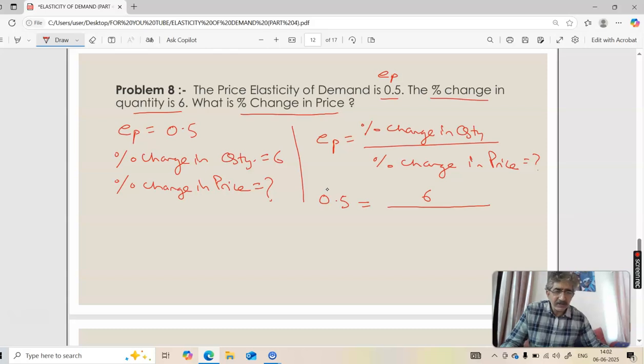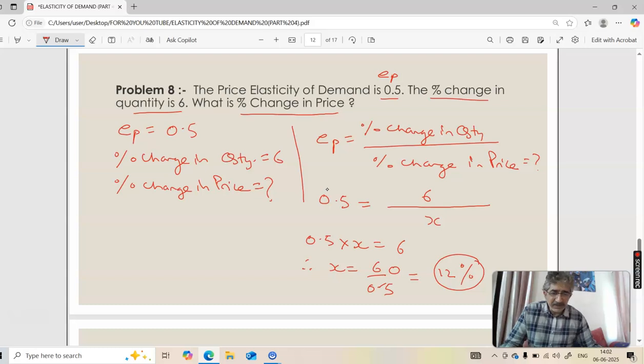So let us assume it's X. Let's do the cross multiplication. Therefore X will be equal to 6 divided by 0.5. Remove the decimal, you get 60 divided by 5, which is 12. So the answer is 12%, because we have assumed X to be the percentage change in price. So this is the percentage change in price which we have calculated.